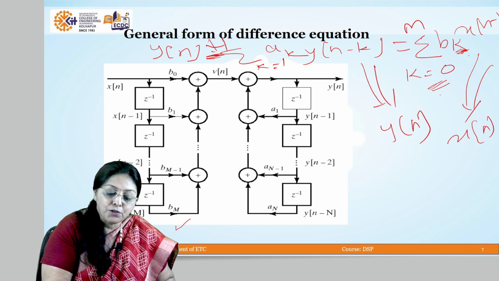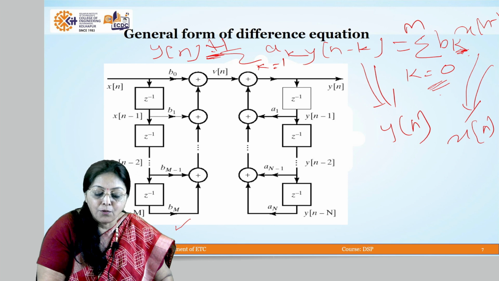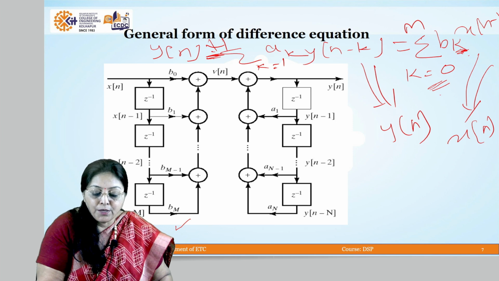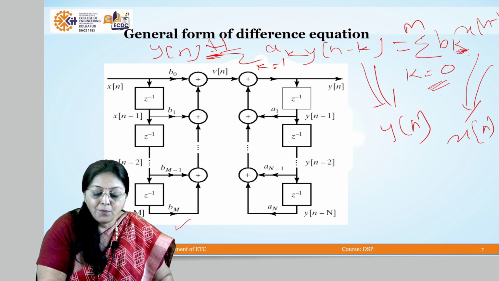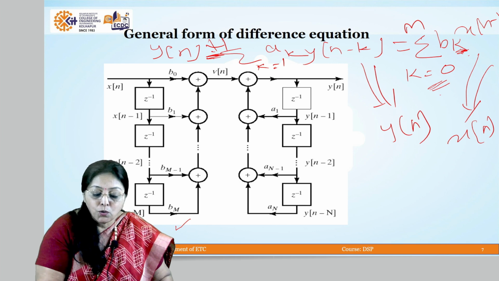When we focus on the left side of the equation, y of n is the output. We are using the sum of a of k, y of n minus k. Here k varies from 1 to capital N, so there is no a0 value in the equation.